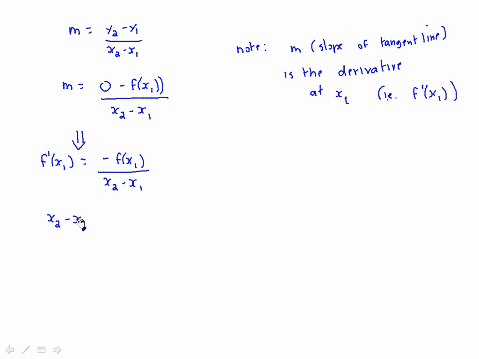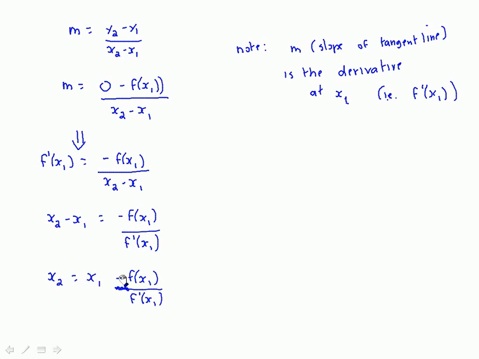So x2 minus x1 is equal to negative f of x1 divided by f prime of x1. Remember, we are trying to solve for x2. So x2 is therefore equal to x1 minus f of x1 over f prime of x1.